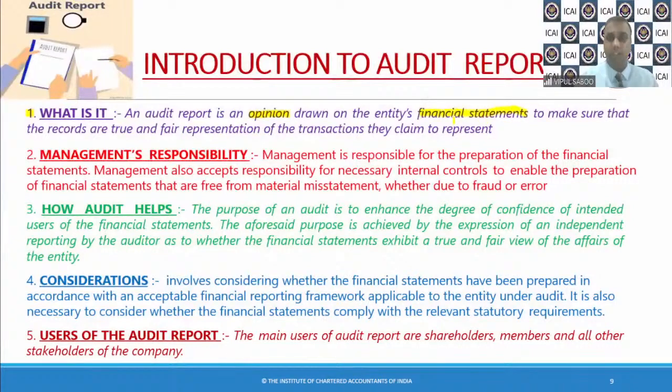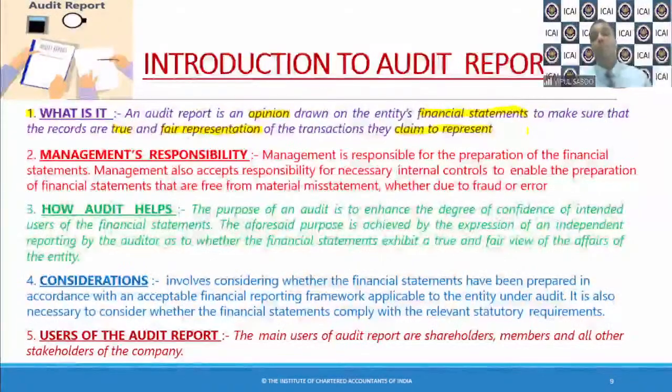Drawn means made, to make sure that the records are a true and fair representation of the transactions they claim to represent. So there is management, there are financial statements. It is the responsibility of the management to prepare financial statements. Then the auditor carries out the audit.